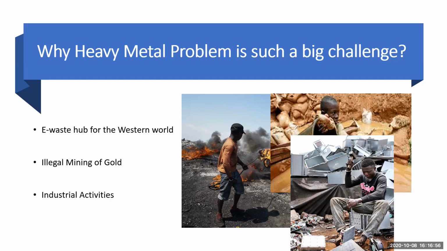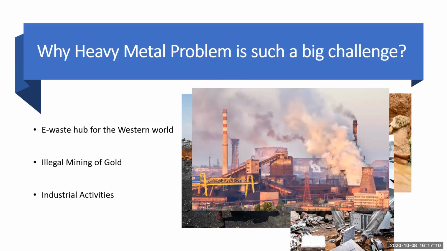So when you come into the coastal environment, arsenic and mercury tend to be a huge problem as far as heavy metal pollution is concerned. Then, of course, we also have industrial activities. When you come to the middle belt of the country, this is where we have all the huge industries.